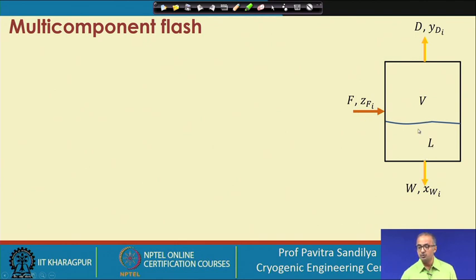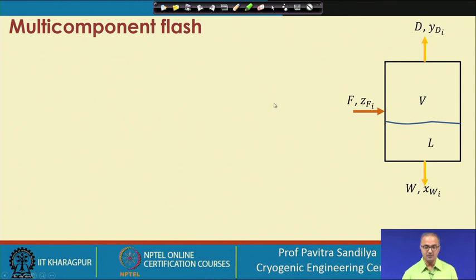So we get two phases out of this feed, and the liquid phase has, say, W as the flow rate of the liquid phase, with XWI as the mole fraction of the ith component in the liquid phase, and D is the vapor phase, and YDI is the mole fraction of the ith component in the vapor phase.